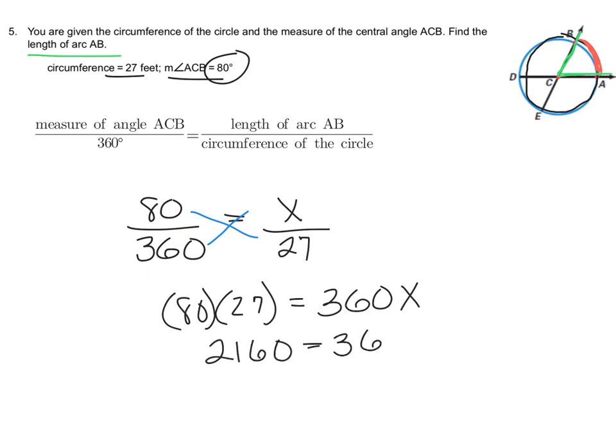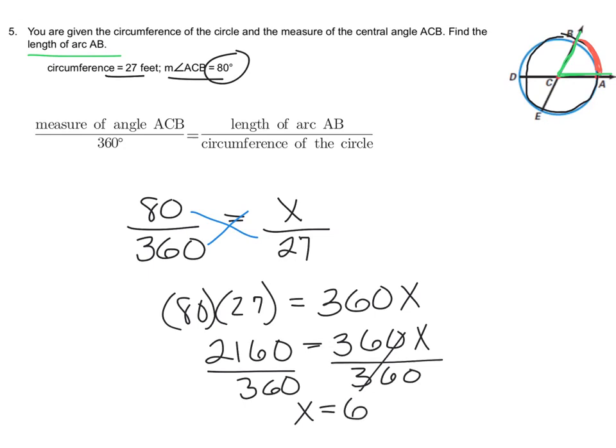And again, that equals 360x. We want to isolate the x, so we'll divide both sides by 360. And we get x equals 2,160 divided by 360, and that is 6. That means that the length of arc AB is 6 feet.